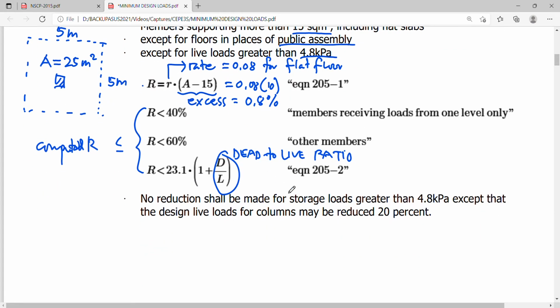But in storage, wherein the loads are greater than 4.8 kilopascal, you may not apply the reduction formula, but automatically for the columns, considered in such a situation, we can reduce the live load by 20%. So automatically, columns have a special treatment when it comes to reduction of live loads when the storage loads are greater than 4.8 kilopascal.